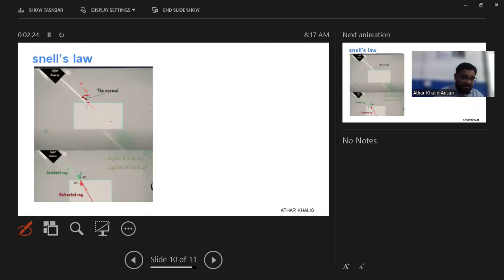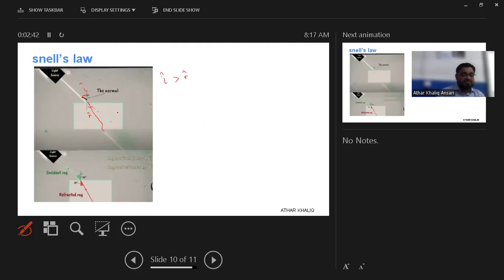But now the ray is changing to this path, so this angle is the angle of refraction. If you look clearly, the angle of incidence is greater than the angle of refraction. Do you agree? Yes, because it is bending toward the normal.